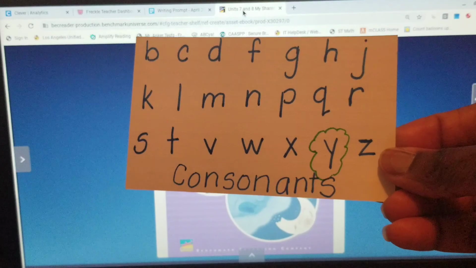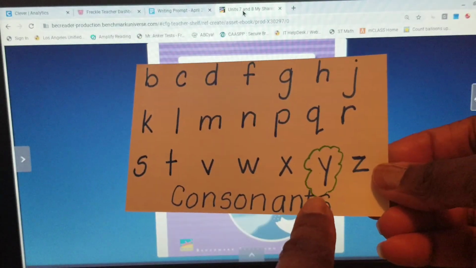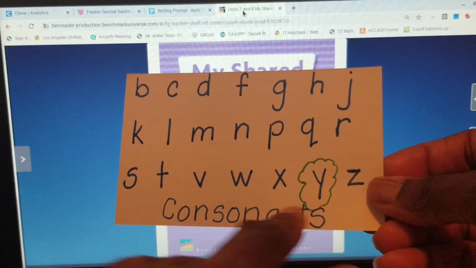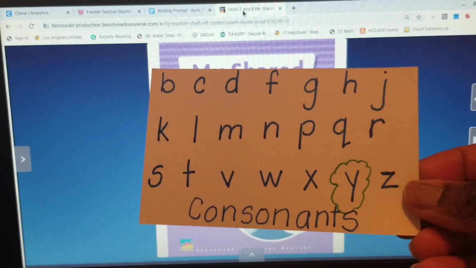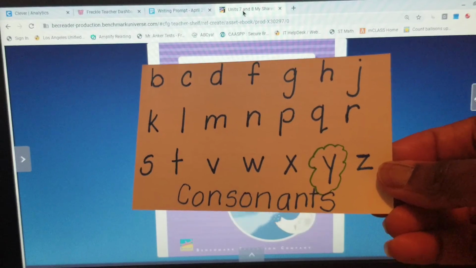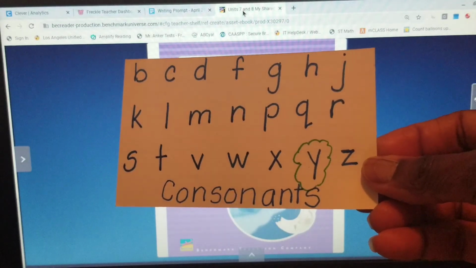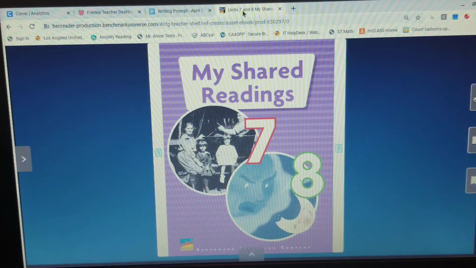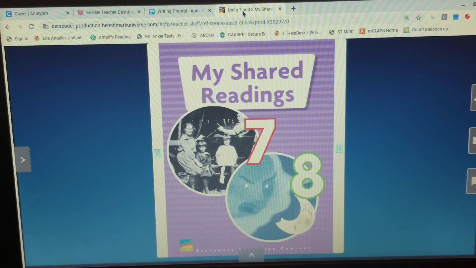So all the consonants are here. Remember, I indicated that Y does double duty. It can be a consonant, but it can also sometimes be a vowel. We will be going to our shared reading book in a few minutes, so make sure you have it.